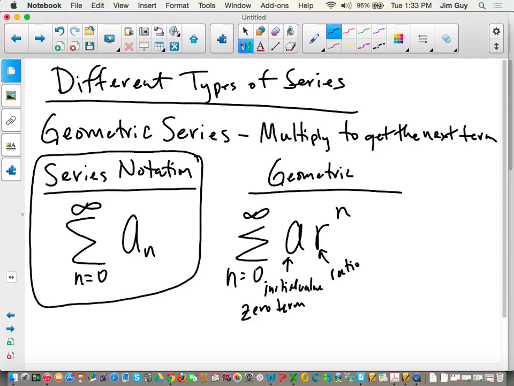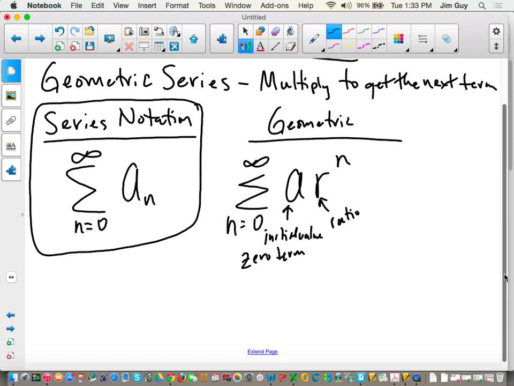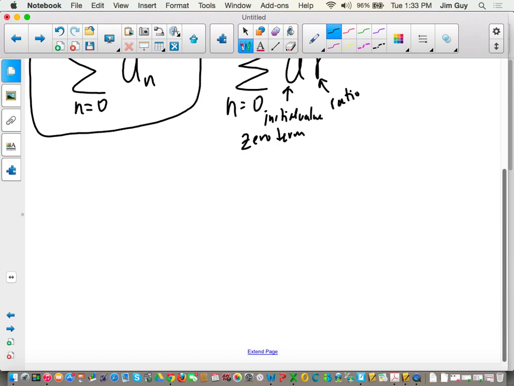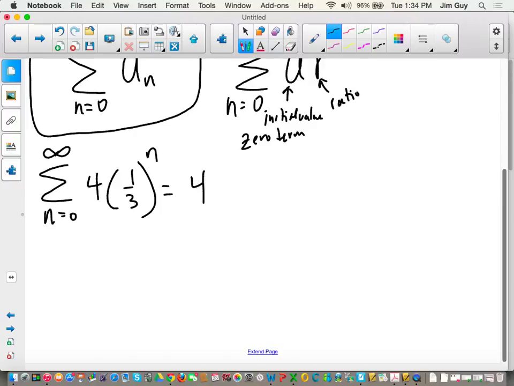All right, so let's take a look at an example quick. Let's say we have the summation from n equals 0, we start with 4, and the r value is 1/3 to the n. So that's a nice easy one to begin with. We could find the terms. We start with 0, put that in, and we get the 4, which makes sense. That's our 0 term. We put in 1, and we get 4 times 1/3.